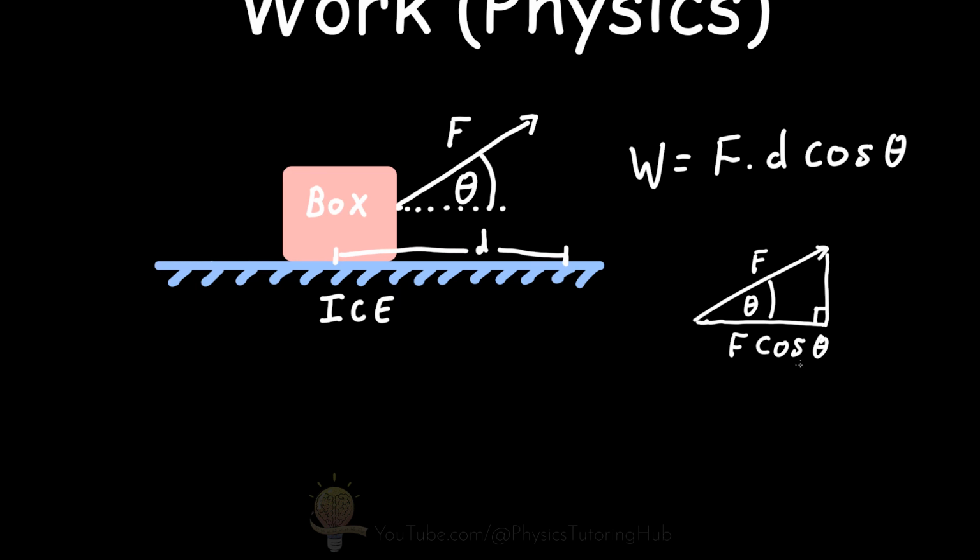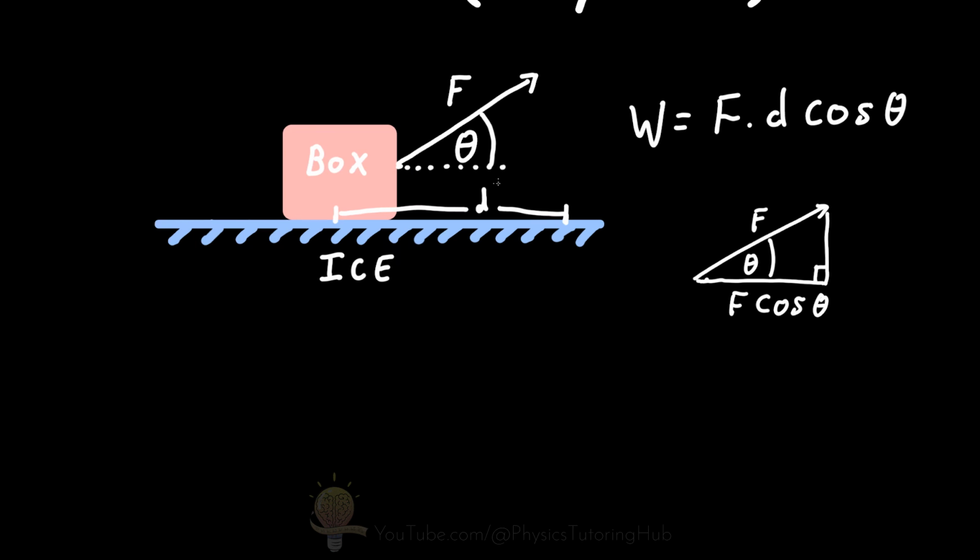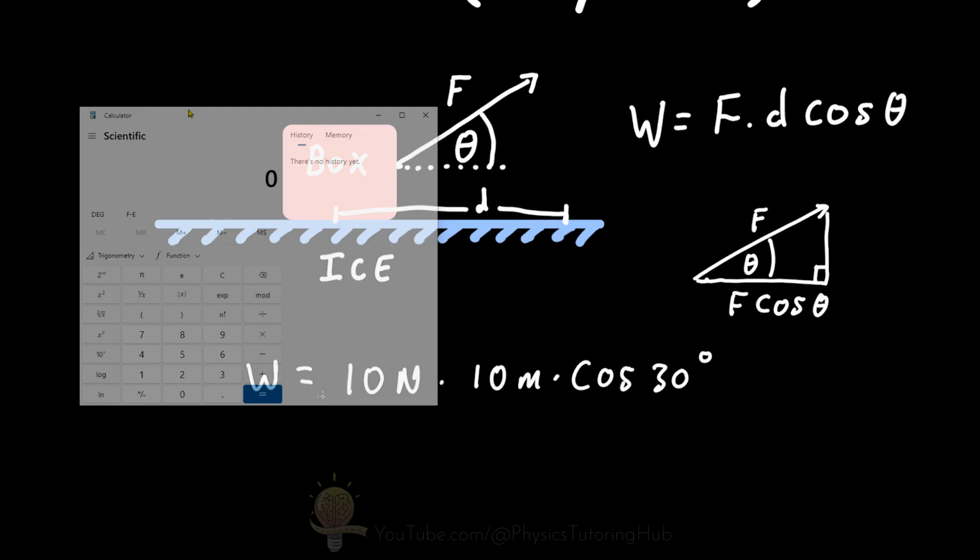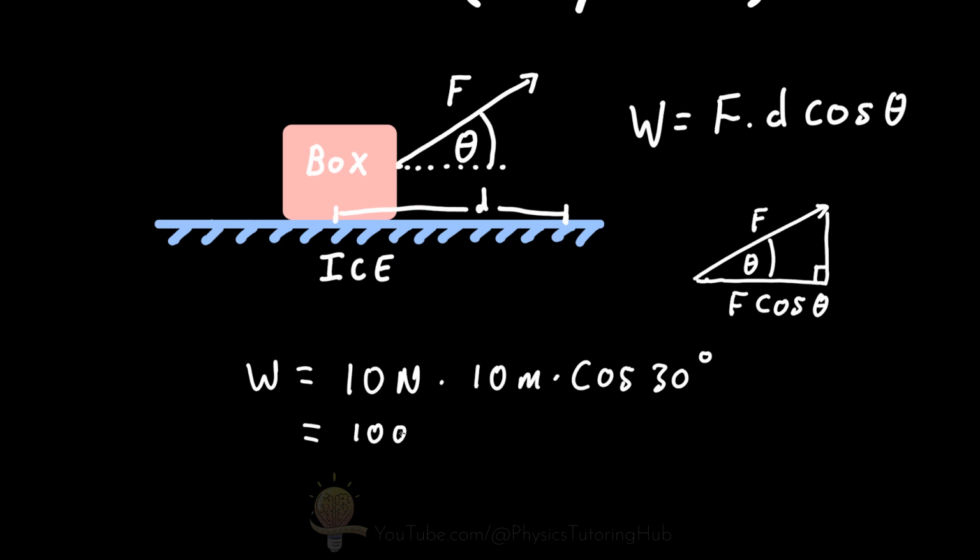So for example, if we're pulling at this box at an angle of 30 degrees to the direction of the displacement of the box, and we've got a force of 10 newtons, and again we're moving this box 10 meters at an angle of 30 degrees, the work done on this box is equal to 100 multiplied by 0.866, which equals 86.6 joules.